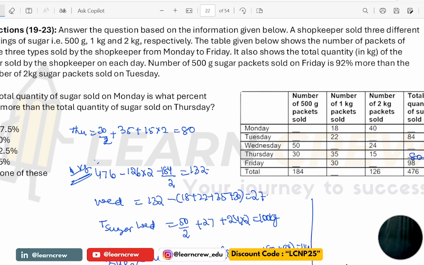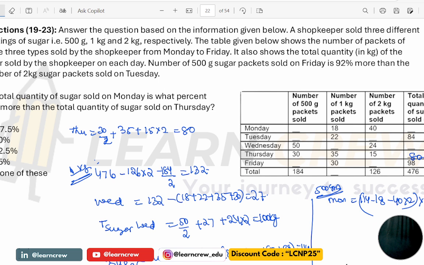Now, if you see the number of 500 gram sugar packets on Monday, it would be how much? 114 minus 18 minus 40 into 2, into 2, which is 32.